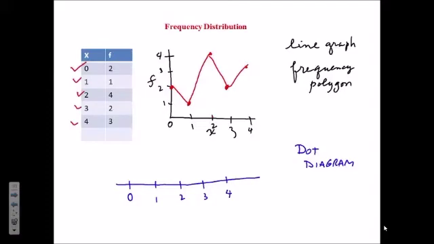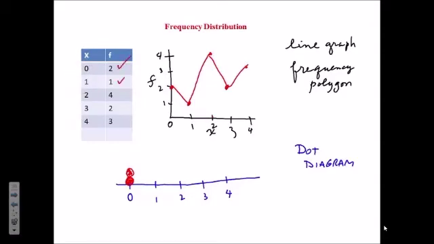So we have a score of 0. So we represent a score of 0 with a dot. I use big dots. But we have 2 zeros, so we make 2 dots, one piled on top of the other. That would be the 2 zeros.